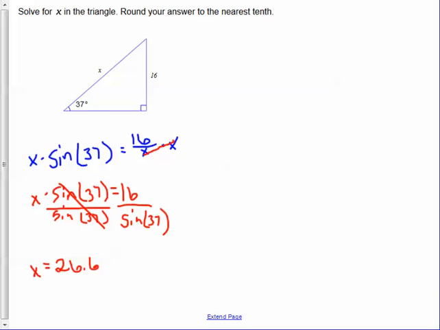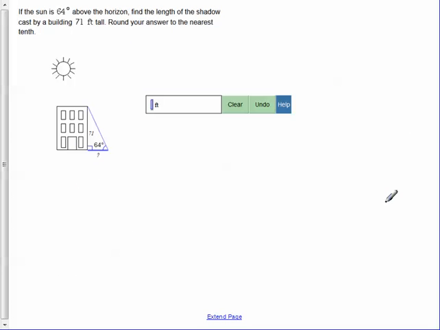The next type of problem that you could see is one where you're given a picture, and you could have a flagpole or a building, where the sun's up here, and we'll put a little smiley face on the sun. The sun is above the horizon, and we want to find the length of the shadow made by the sun when it's shining on the building.